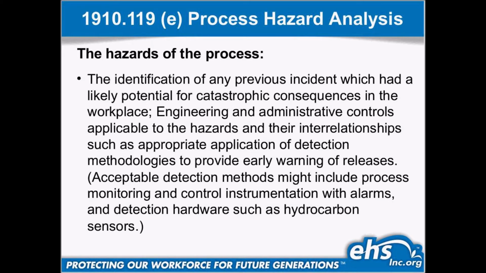Now a lot of these things, especially the process hazard analysis, we go and look at the obvious. We walk around and see something and think, oh, maybe this is wrong. Then we take a picture, we take measurements, we look at the process itself.